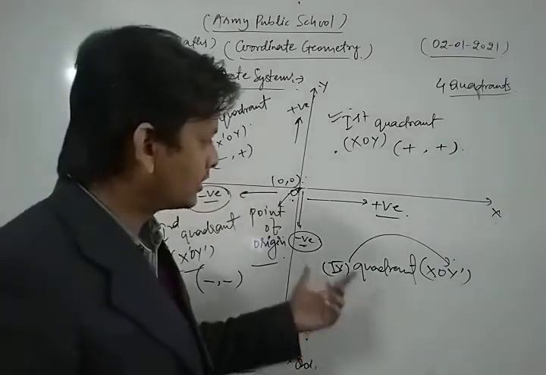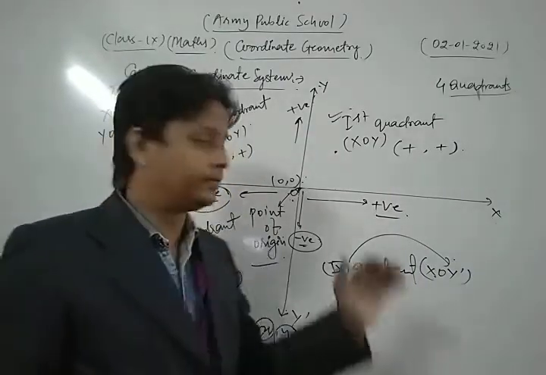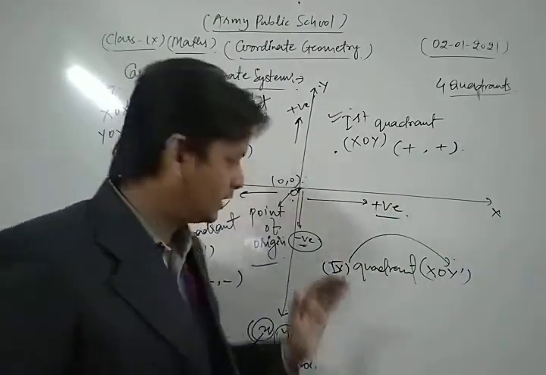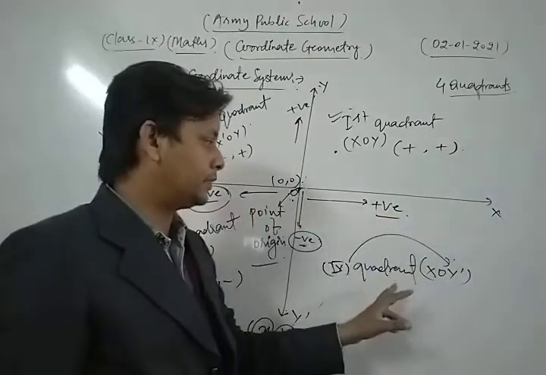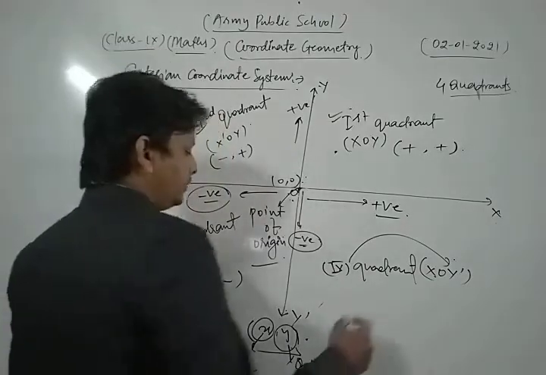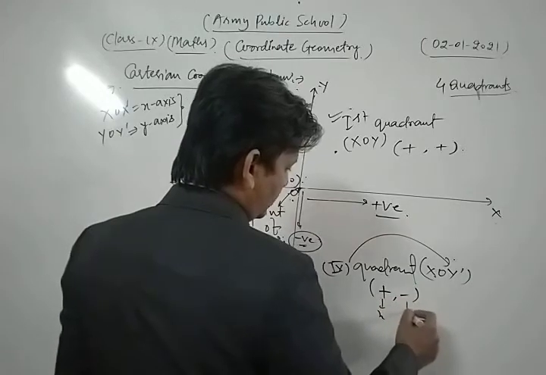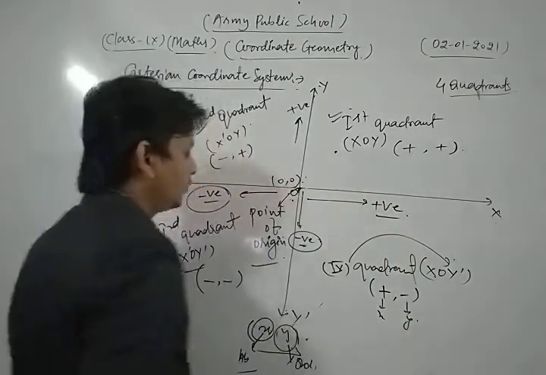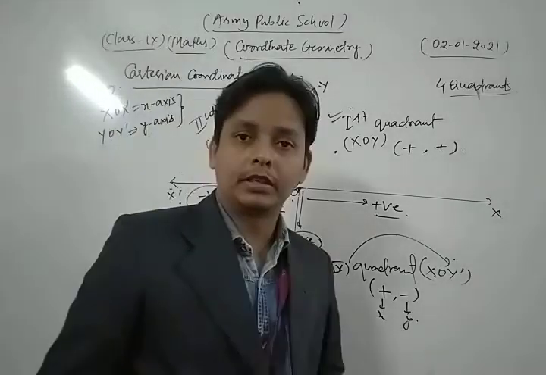Similarly, if we discuss the fourth quadrant, this is the positive direction of x, this is negative of y. So in that quadrant abscissa is positive but ordinate is negative. So here plus minus means abscissa is positive but ordinate is negative.